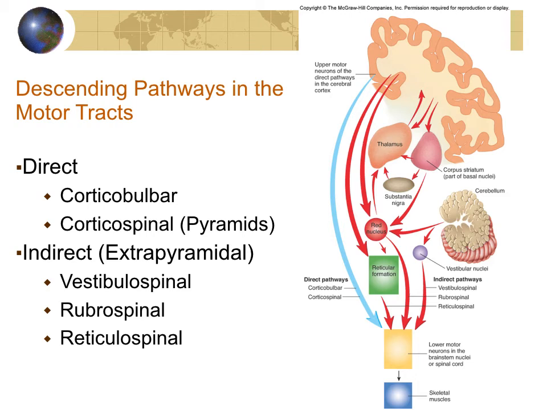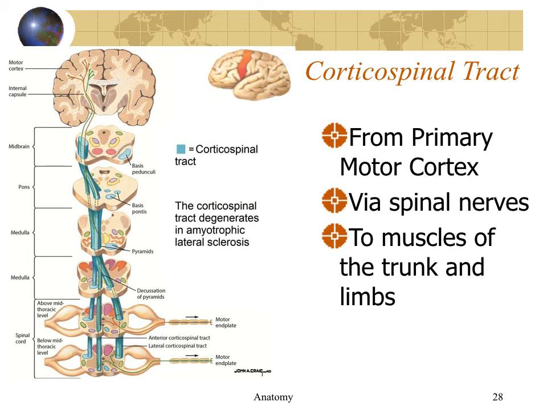Some of these are related to posture, like the reticulospinal, and others are going to the voluntary muscles. I probably won't ask you about any of these tracts directly, but they're fairly complex. They cross over often in the spinal cord, and they're sending information to muscles of the trunk and limbs.